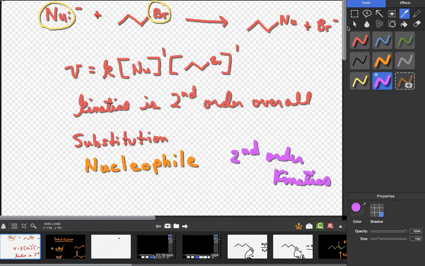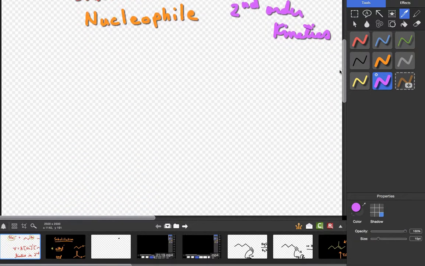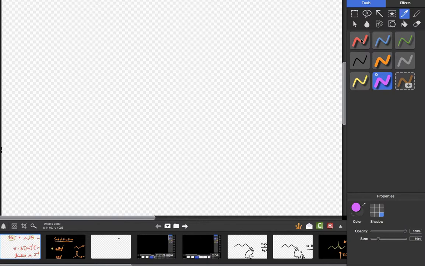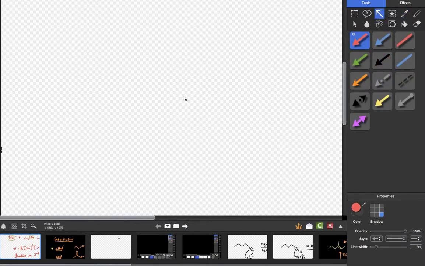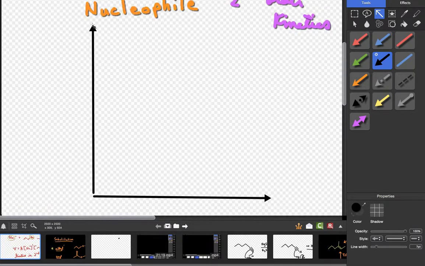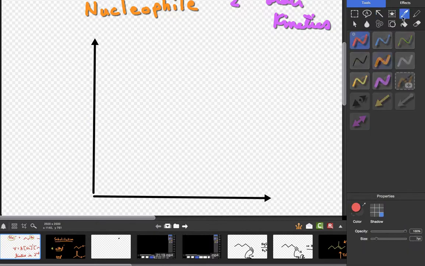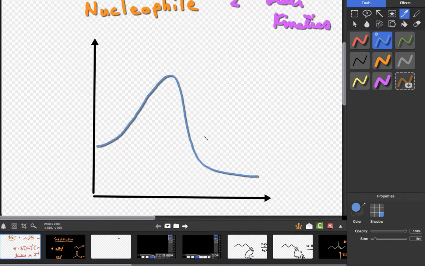So if I were to map this reaction in terms of a potential free energy diagram, here we would have free energy as a function of reaction coordinate.